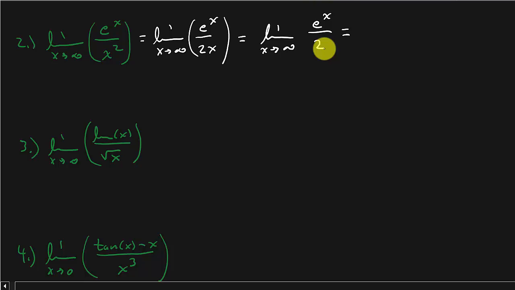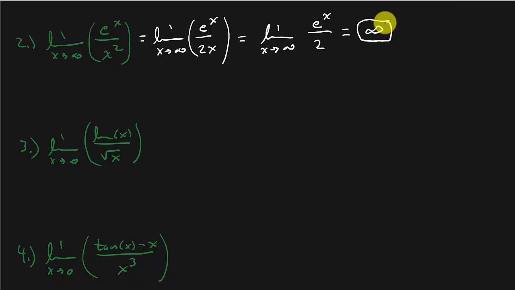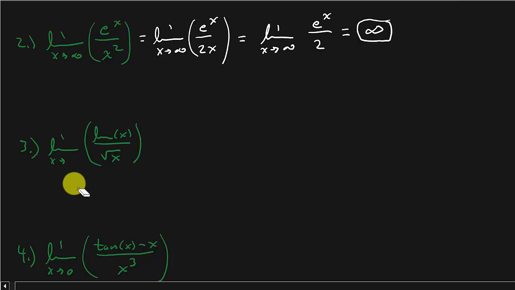That's still out there at infinity. So this thing is infinity. Hopefully all this is making sense for you. It's really not difficult to do. Let me erase this and write it a little better. That's infinity.